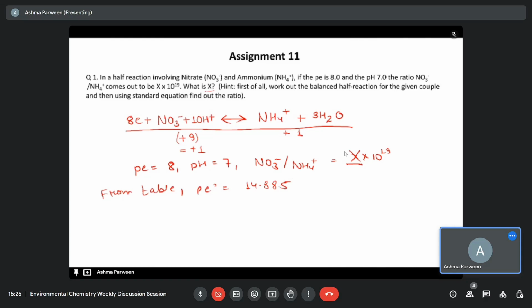And we will use this equation which was derived in the lecture slides, that PE equals PE naught minus NH, that is number of hydrogen atoms, divided by N, number of electrons, into pH minus 1 by number of electrons into log of concentration, or I must say activity on the product side, divided by activity on the reactant side, that is nitrate.